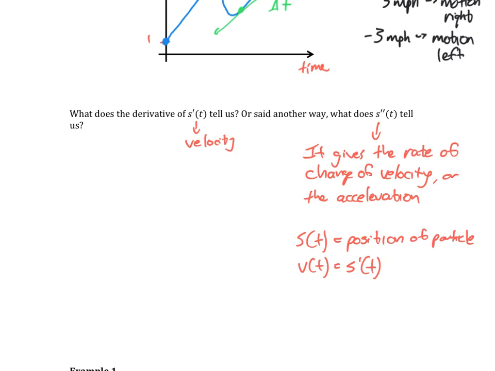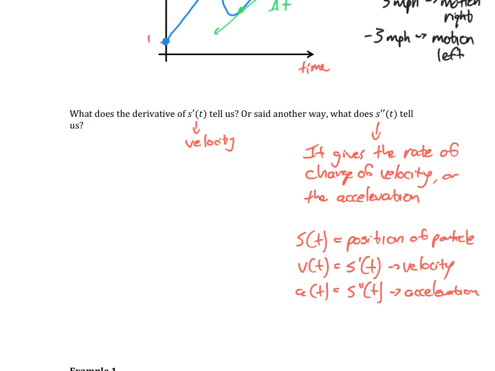Usually we write v of t, we don't write s prime, but s prime of t is your velocity. And then instead of writing s double prime of t, we usually write a of t. But just note that a of t is the same thing as s double prime, and that's represented via your acceleration.